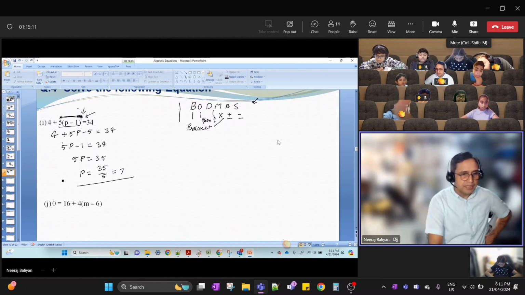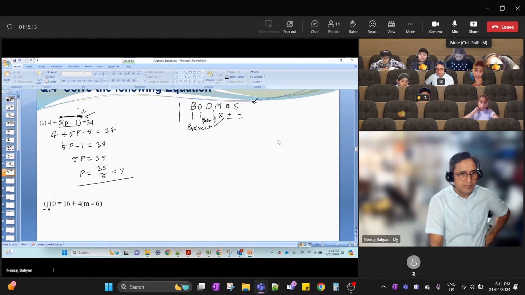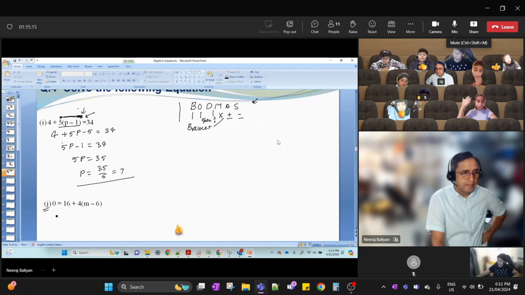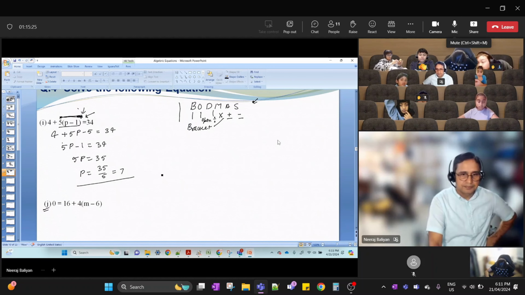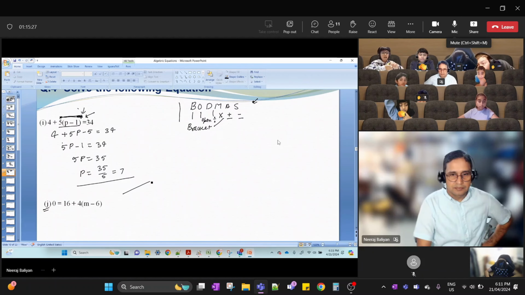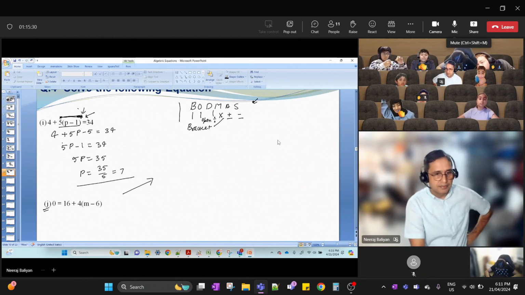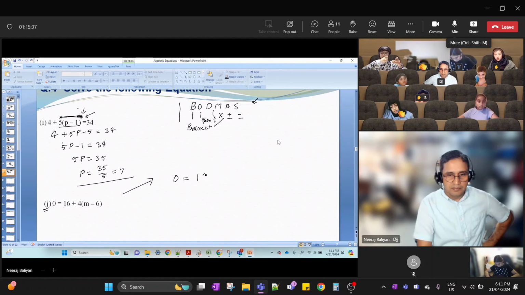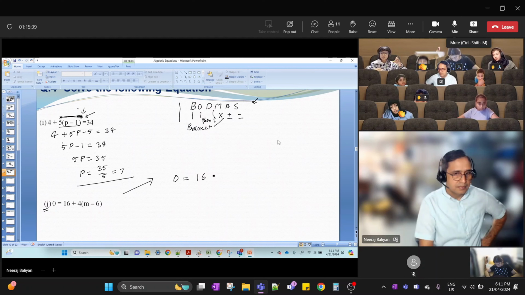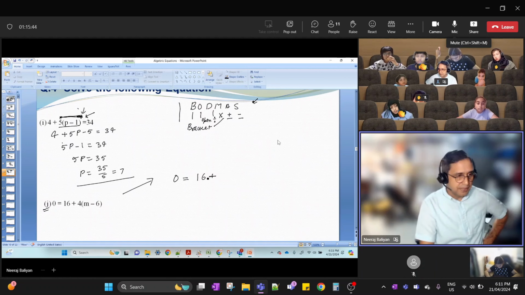Let's solve this part J, Cliff, with you. Okay. So 0 equals to 16 plus 4. So then we need to solve the brackets first, m minus 6. And then we can remove the brackets. So what will be the value when we open the bracket?